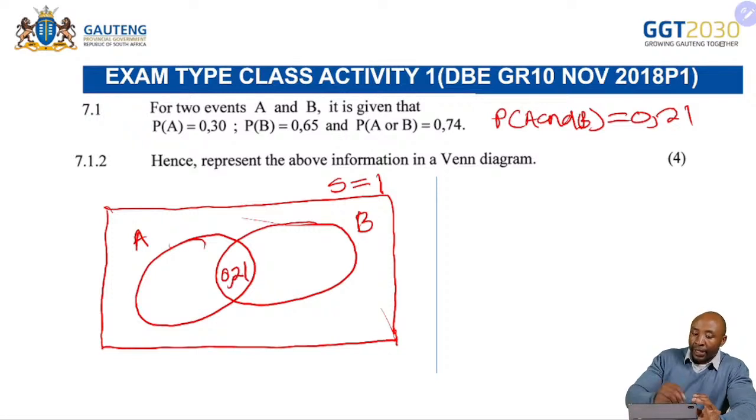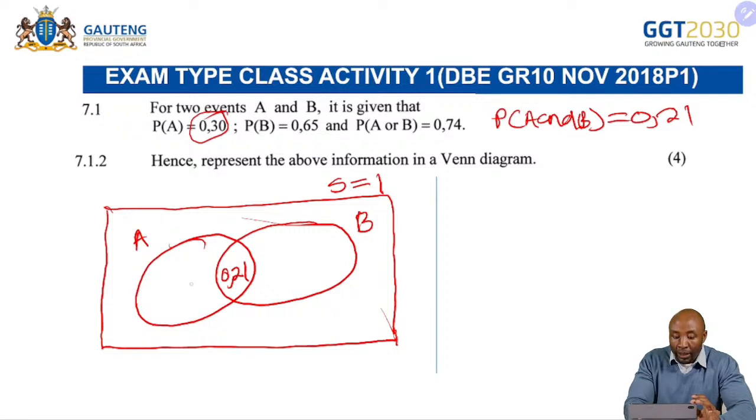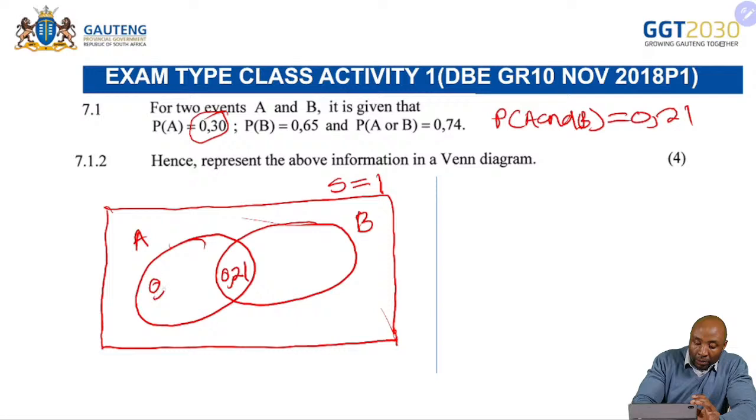Now, for event A, we must get a total probability of 0.3. So, for me to get the probability of A only without the intersection, I must say 0.3 minus the intersection, which is 0.21. It should give me 0.09 there.